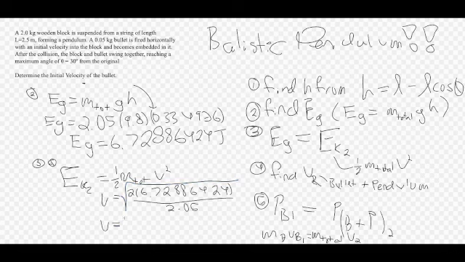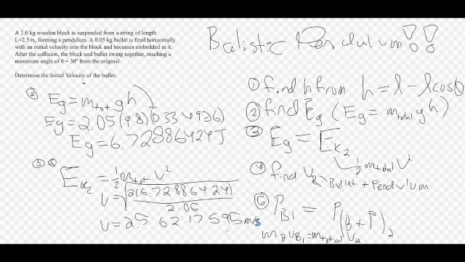This then shows the velocity of the block and the bullet together being 2.56217595 meters per second.